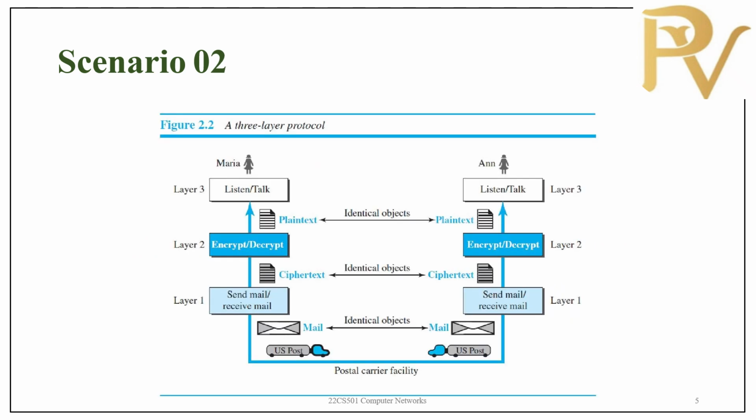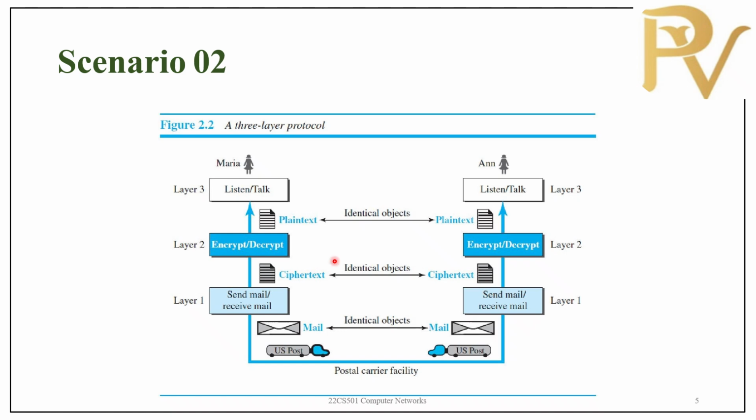Now let us consider a three-layer protocol. The same persons are there, Maria and Anne. Their basic communication is that when one person talks, the other listens. This is what happens at the third layer.